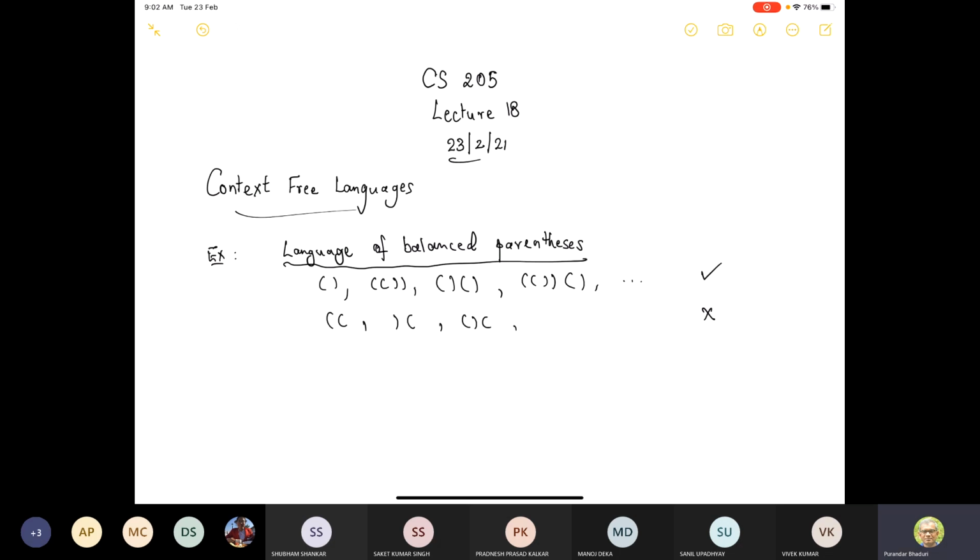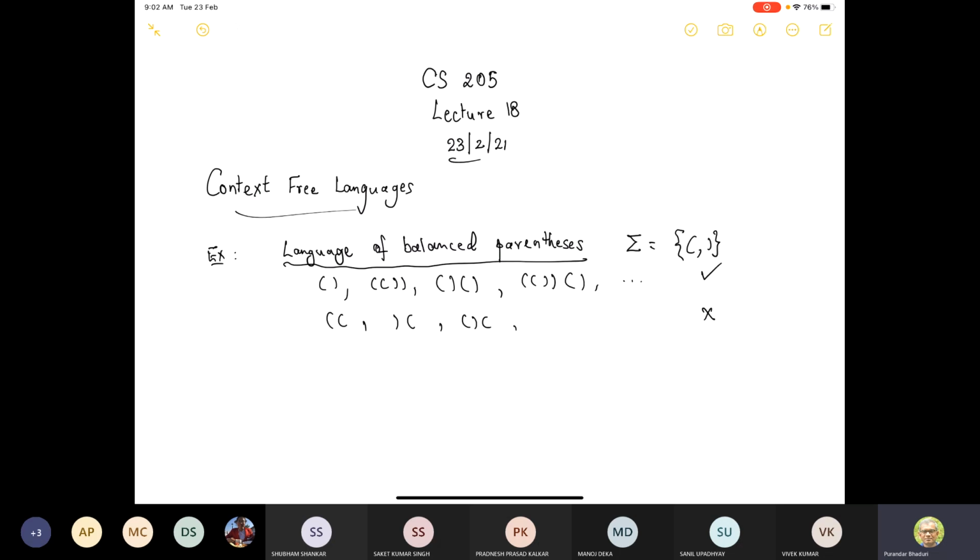Here, of course, the alphabet consists of the two symbols, the left parenthesis and the right parenthesis. This is important in parsing of arithmetic expressions and programming languages. This language is not regular, and you can show it using the pumping lemma. That's an easy exercise.